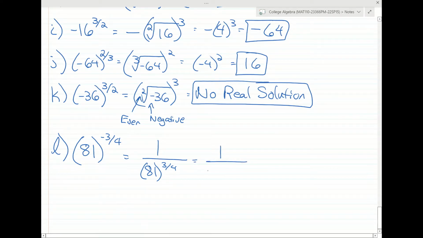So this would be 1 over the 4th root of 81 to the 3rd power. 4th root of 81 is 3. 3 to the 3rd is 27.